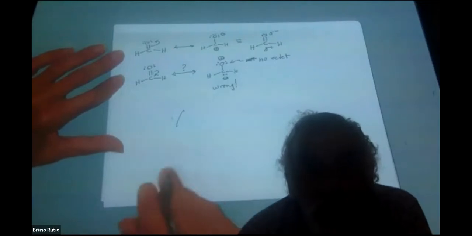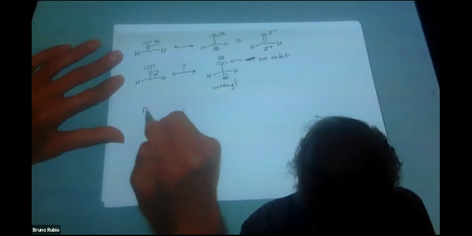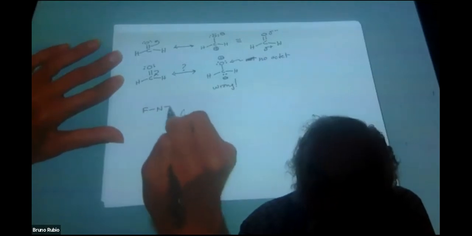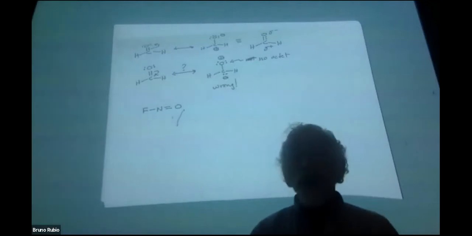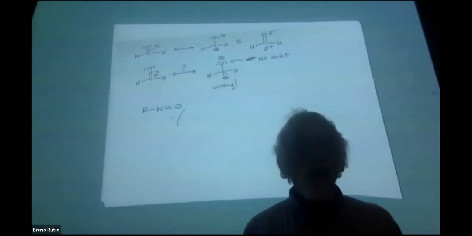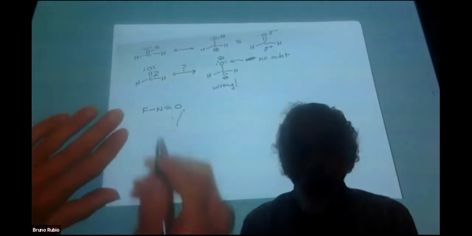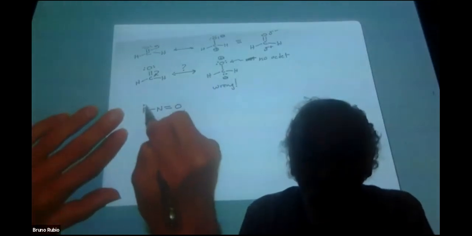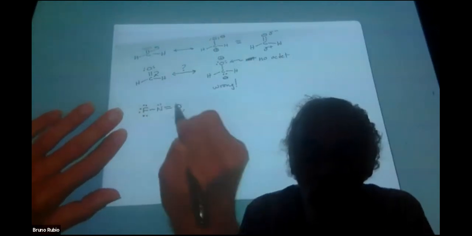Okay, so now let's practice writing some more resonance structures. What if I were to ask you to write a resonance structure for nitrosyl fluoride, FNO? Maybe we can write in all of the unshared pairs of electrons.